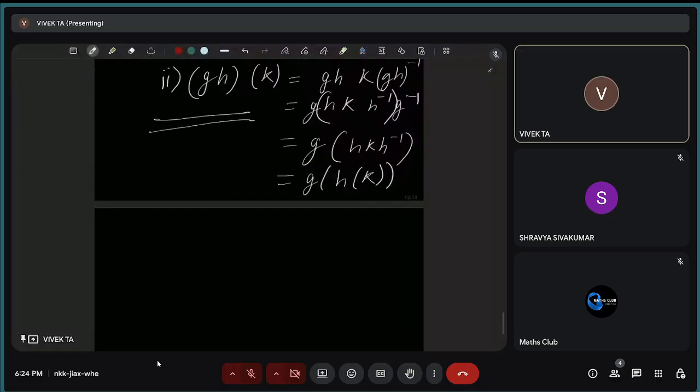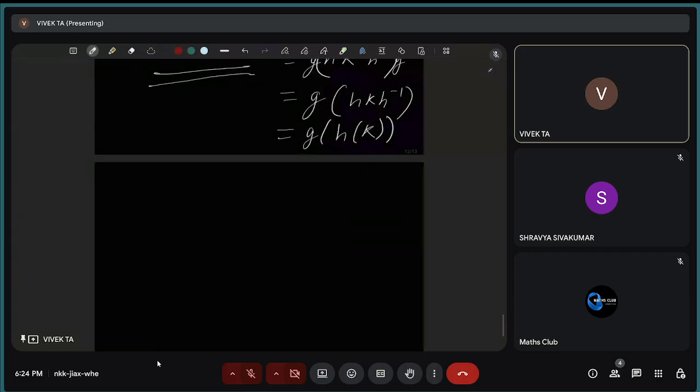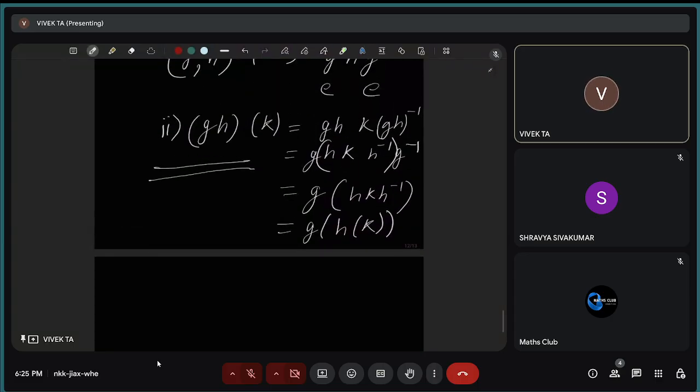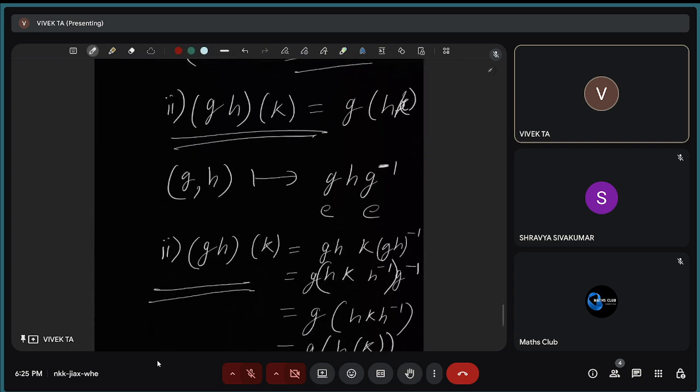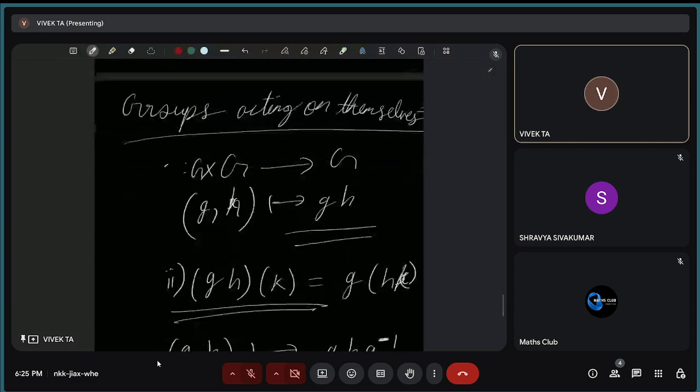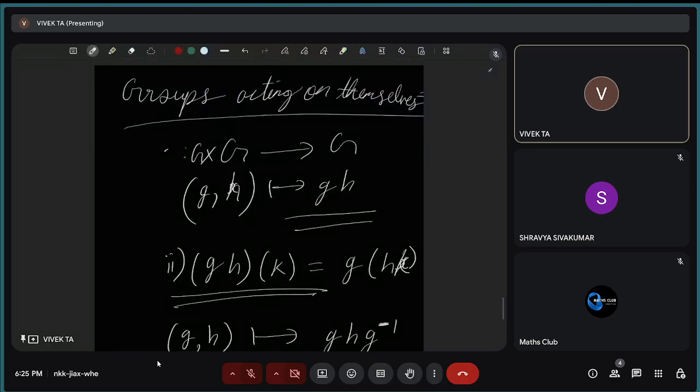Anyways, if that part's clear, essentially these two are the fundamental ways that in group theory we really care about when looking at how groups act on themselves. There are of course other ways that you can define, but they are not more fundamental.